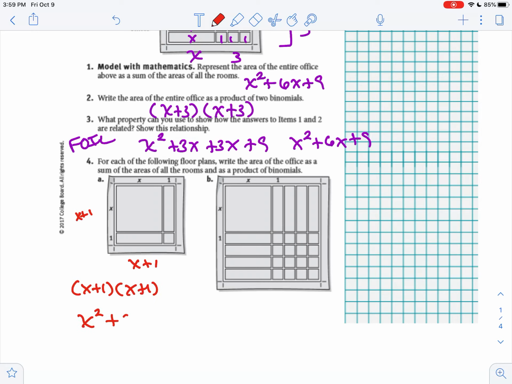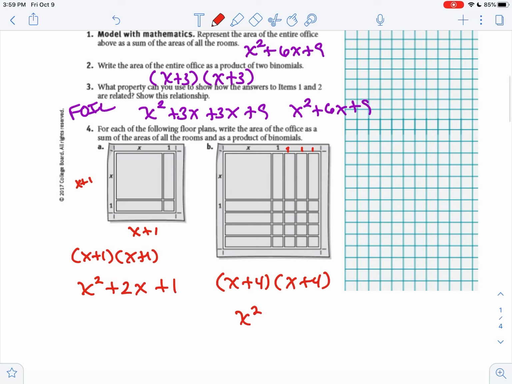And let's just look at one more. Now this is going to be 4 going across, there's 3 more of those. So it looks like we're going to have x plus 4 times x plus 4, which is x squared plus 8x plus 16.